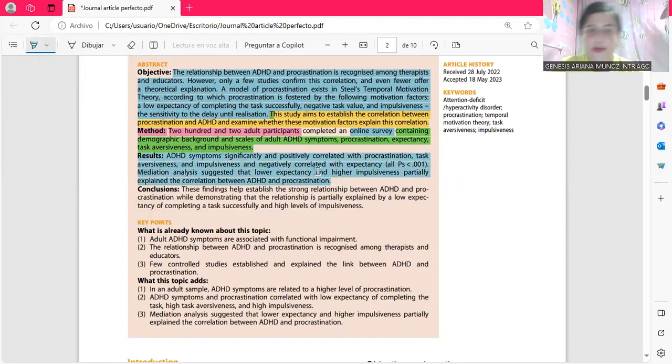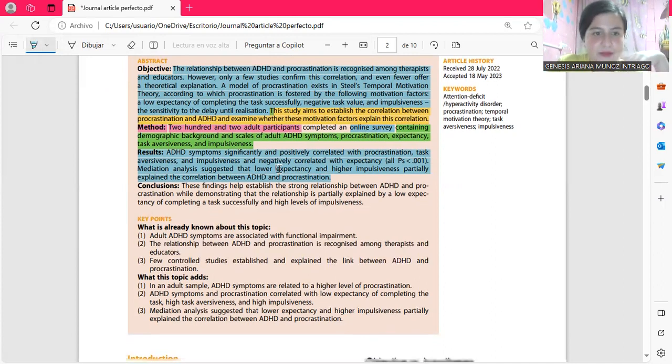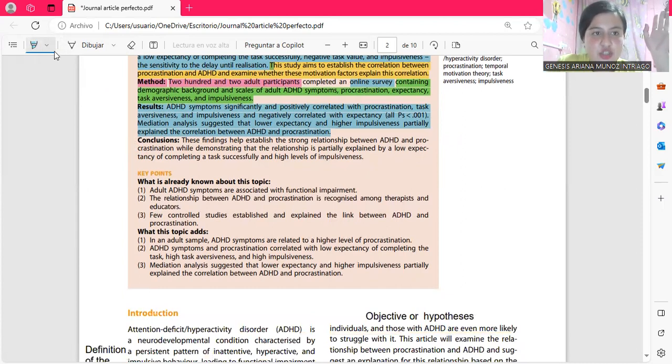Okay, in this case, the results of this journal article is that ADHD symptoms significantly and positively correlated with procrastination. It means that the main objective of this research was achieved, was accomplished, okay? And finally, we have the conclusion part. Okay, the conclusion.